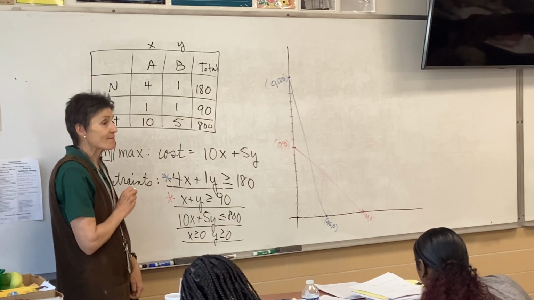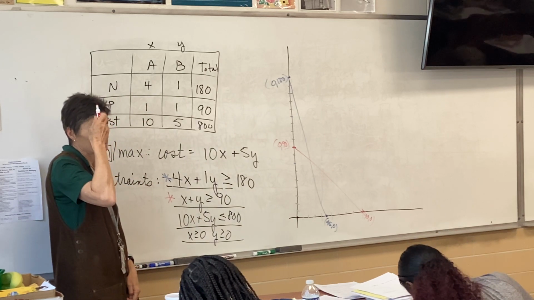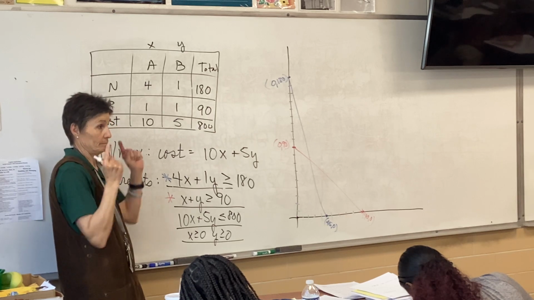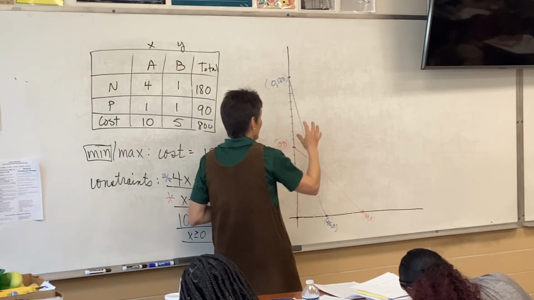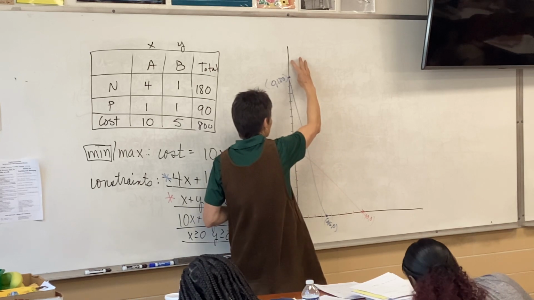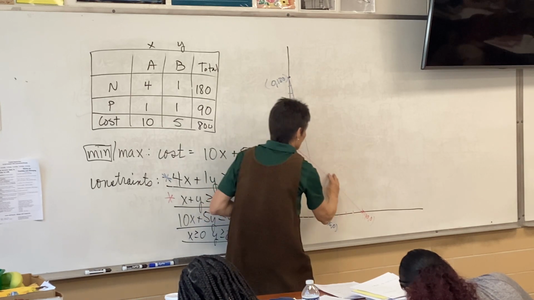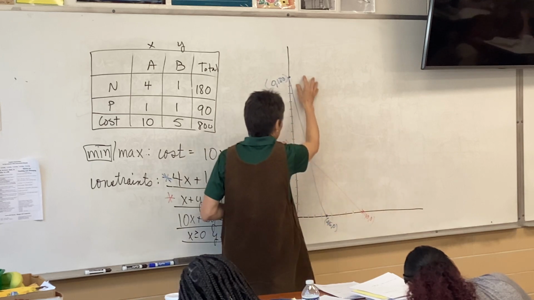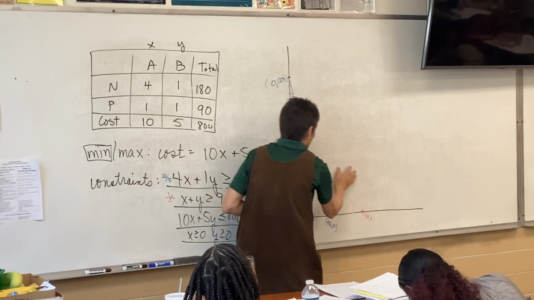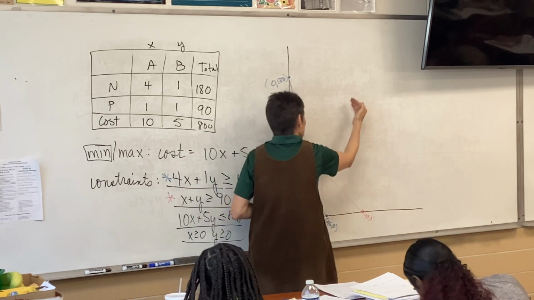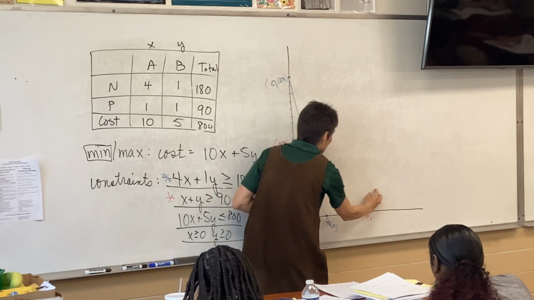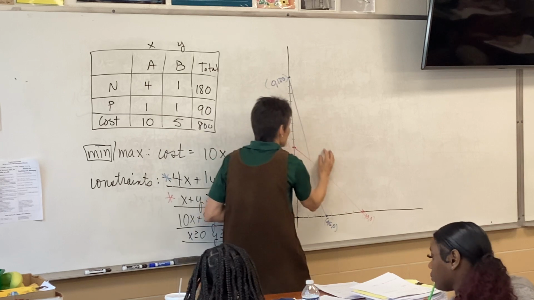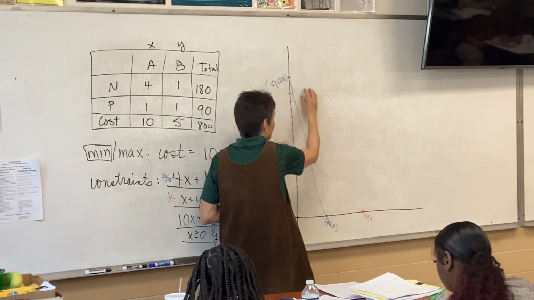And where is that one shaded? Above also. So at this point, I have shaded in this part right here, because I have to be above the blue and above the red, so I'm looking at this section right here. That's what you should have shaded on your paper.